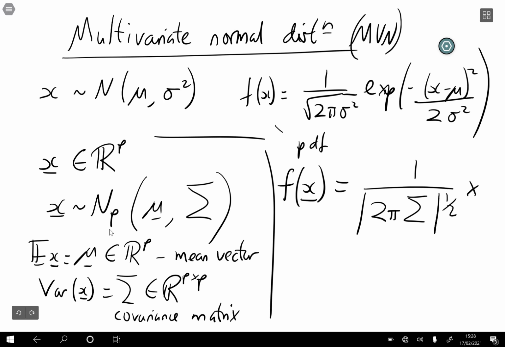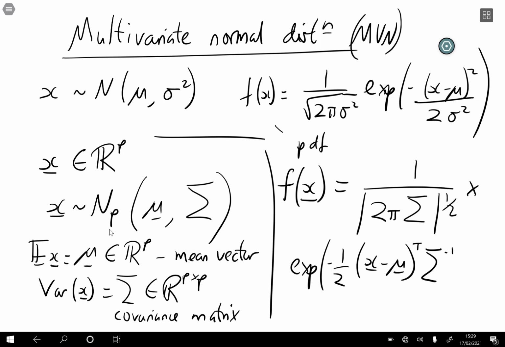Times, and I can't fit it all on one line, so I'll split it, e to the minus a half, and we're going to do the same thing as in the univariate case. We have the vector x minus its mean. Now we can't really square this anymore, it doesn't make sense to square it, so we do the equivalent: it's transposed, then divide by the variance. Instead of dividing by sigma squared, we multiply by the inverse, like dividing by something. So the inverse of Sigma times x minus mu. This notation here indicates the determinant.